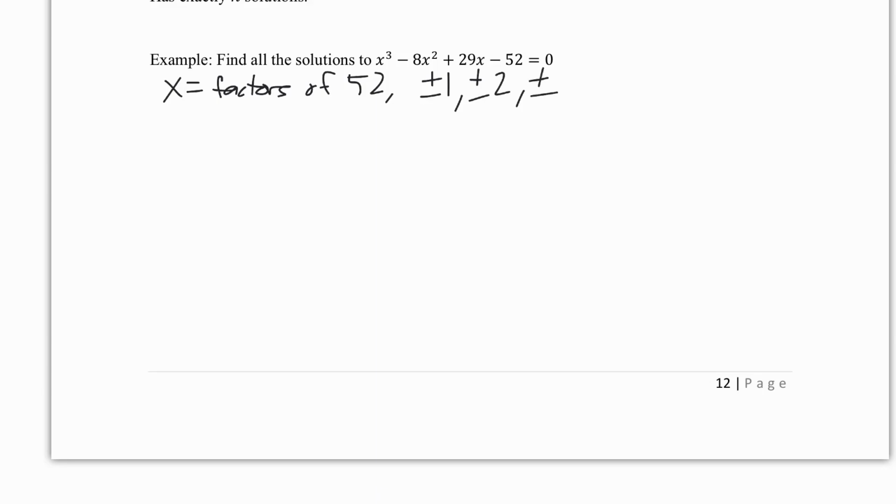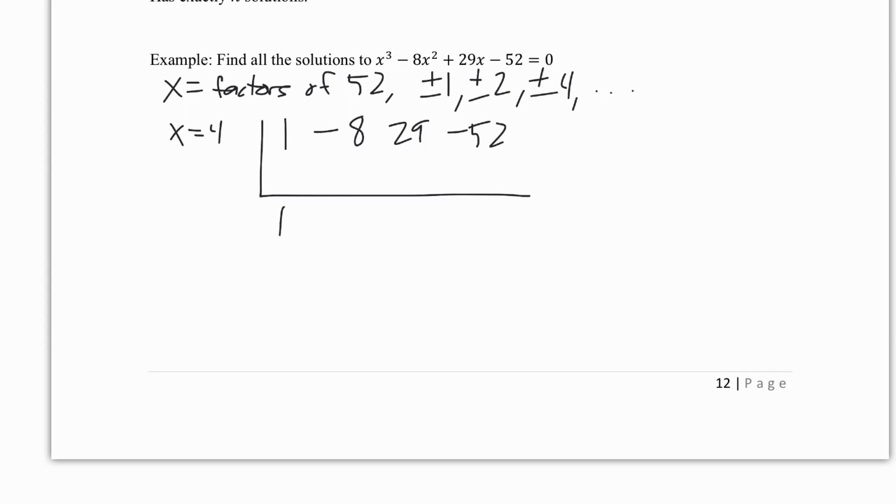Plus minus 3 doesn't go in, but 4, and then so on. So I'm just going to try x equal to 4. It looks like maybe that'll work. So 1, -8, 29, -52.